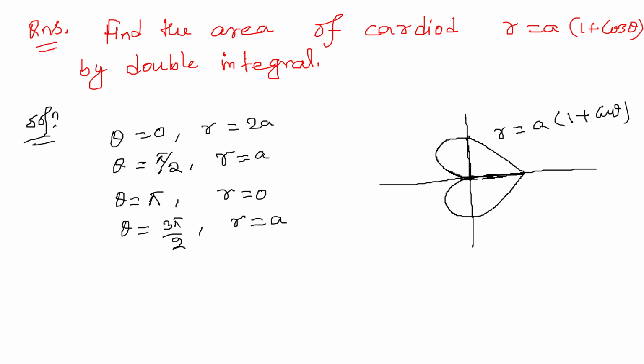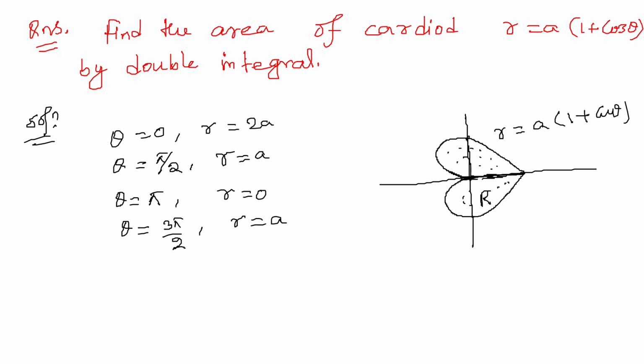And what is the area of that cardioid? That means this area; this is the region R. We are going to find the area of this region. Just now we obtained that when theta is 0, r is 2a, and the values at the different angles.